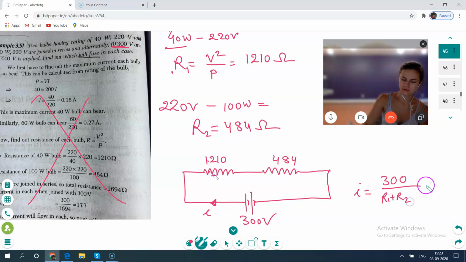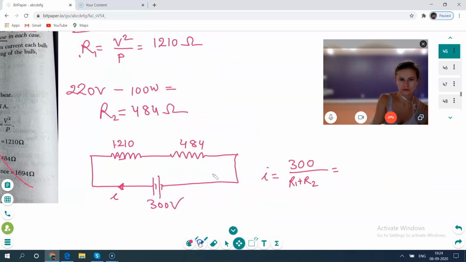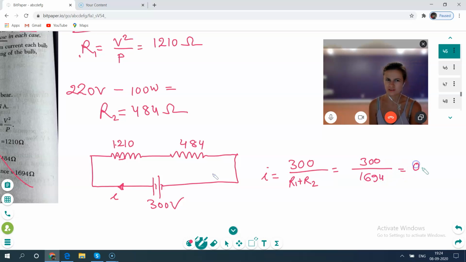Please tell me, I is equal to how much? 300 divided by 1694. 0.177 ampere. It's very little. 0.177 ampere.